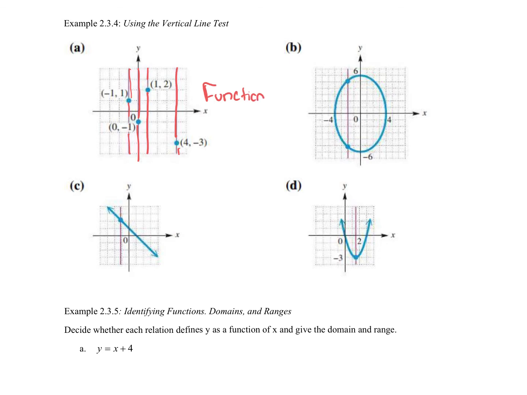On the next problem, B, I touch twice. So this is not a function. On the next one, I only touch one time, so this is a function. And letter D, it's a function.